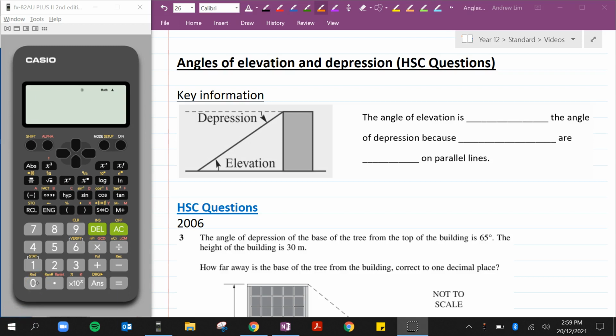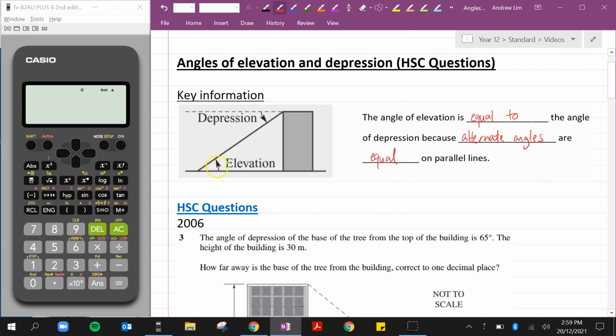Before we begin, let's go through some key information. The angle of elevation is actually equal to the angle of depression, because alternate angles are equal on parallel lines.